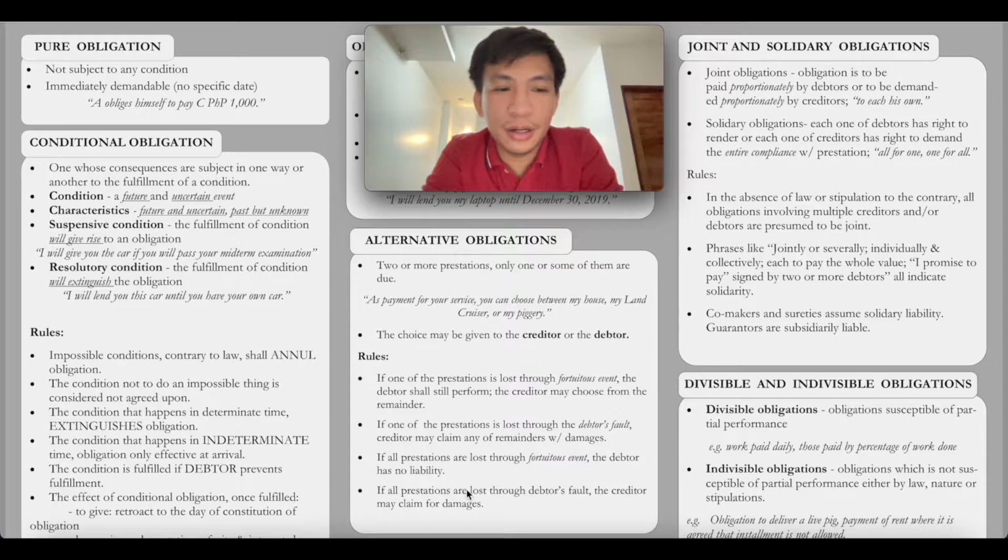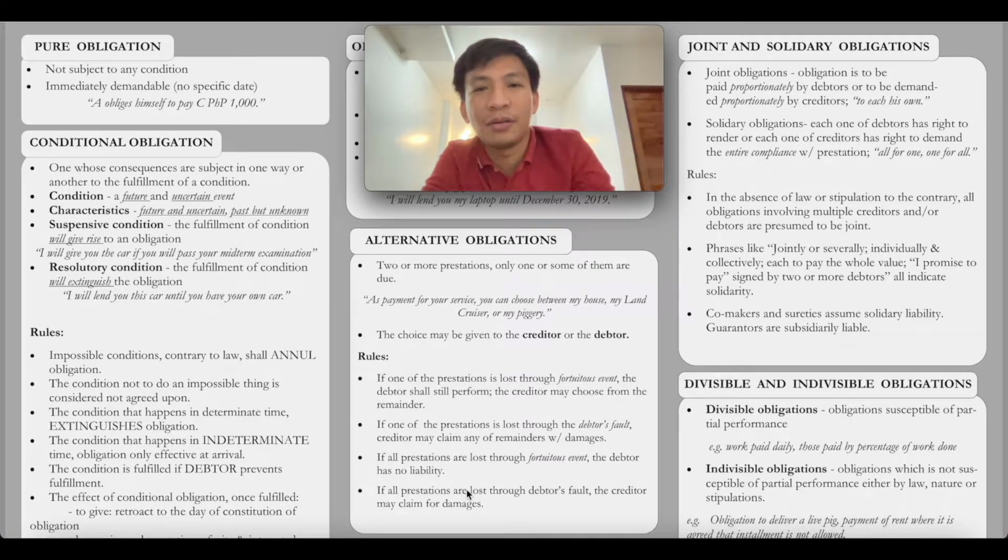Well, it depends kung how will you interpret that. Pero in the case na dahil piniprevent ni debtor yung pag-fulfill mo ng condition, na-fulfill yung condition, therefore kailangan niya ibigay yung reward.